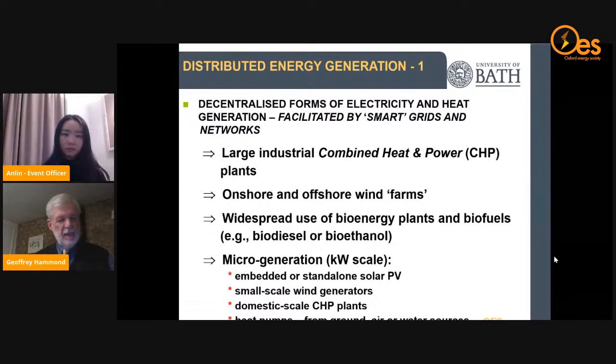This is where you have embedded solar PV on the roof of your house, or a small-scale wind generator, or a small-scale CHP plant. And I think at the bottom there it will say domestic scale combined heat and power plant. Next slide, please.